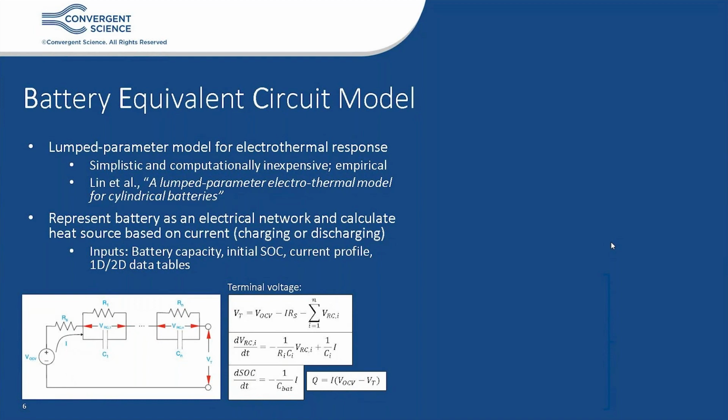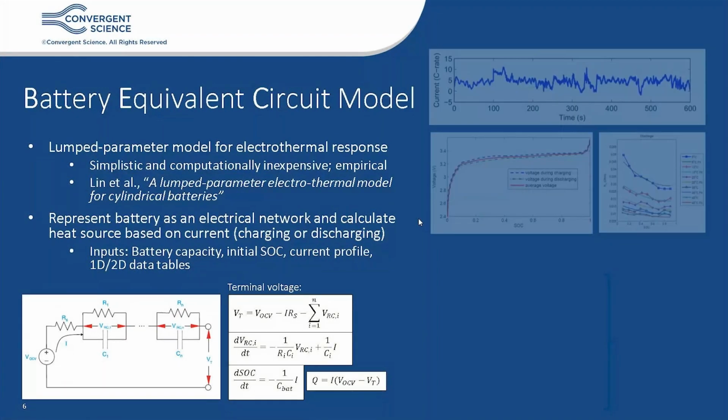This is a lumped parameter model that allows you to evaluate an electrothermal response. In this model, we represent the battery as an electrical network with a series of resistance-capacitance pairs. This is a simplistic and computationally inexpensive model and is very popular with battery simulation engineers.